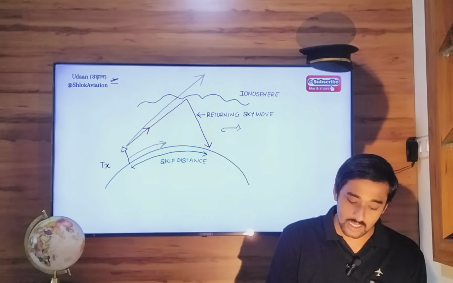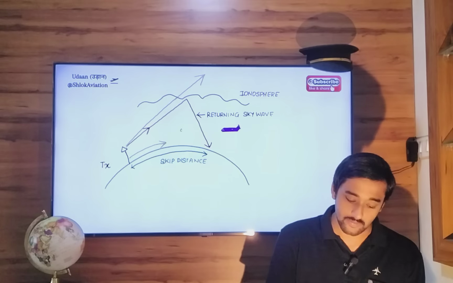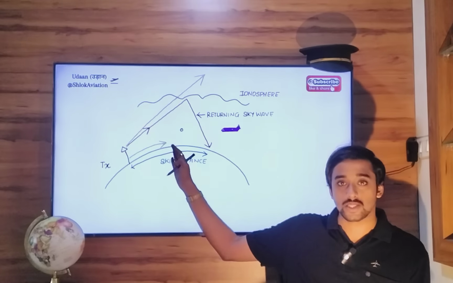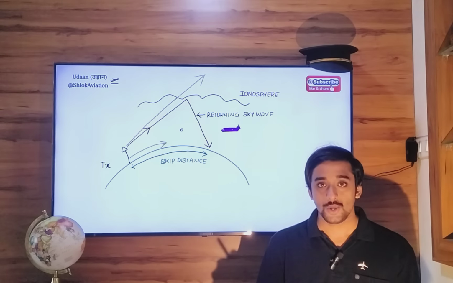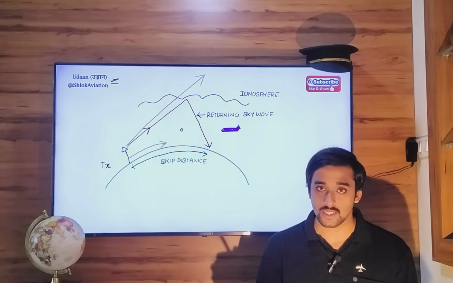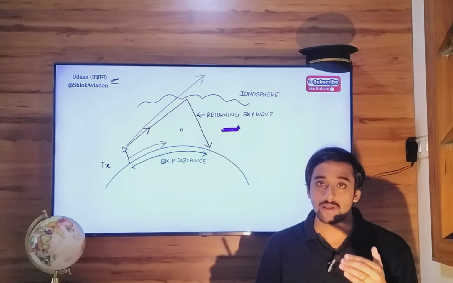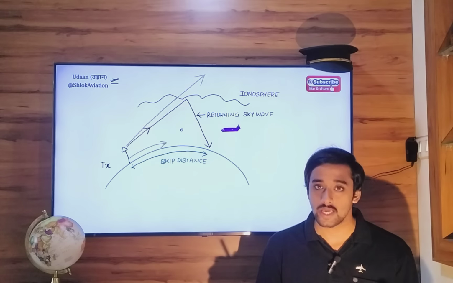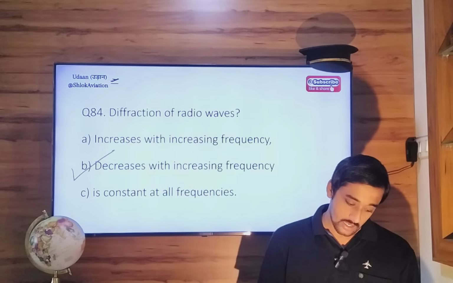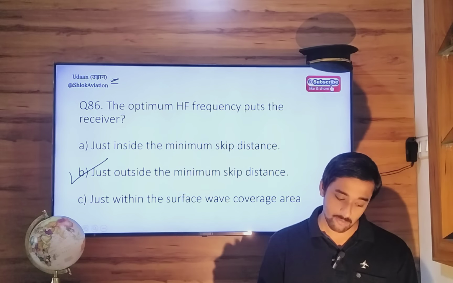If your aircraft receiver is within the skip distance, inside it, you will not be able to intercept or receive that skywave successfully. The aircraft must be out of that skip distance, and it is possible when you are using the correct high frequency that will enable the signal to go to the ionosphere, get refracted, and come back to the earth. So that's why the answer to this question will be just outside the minimum skip distance.